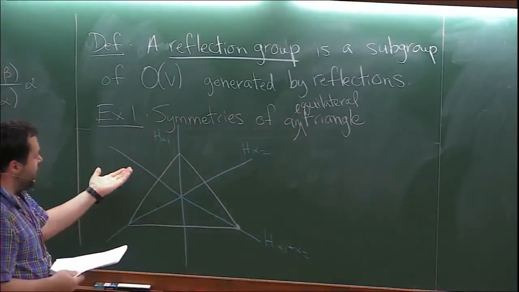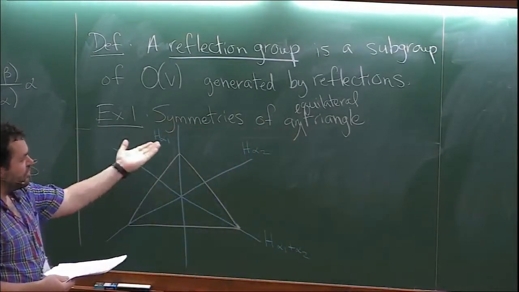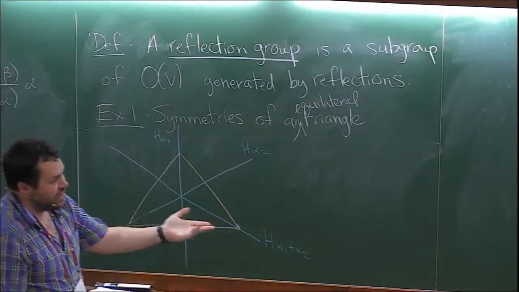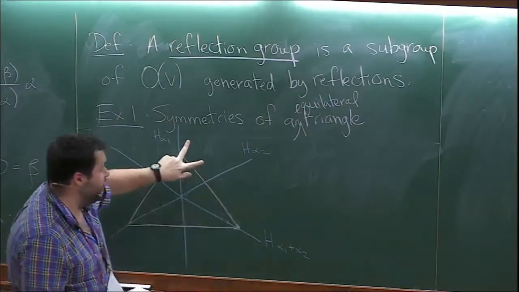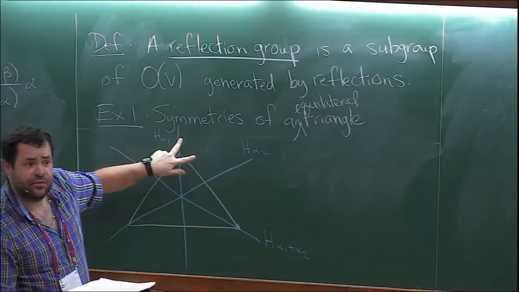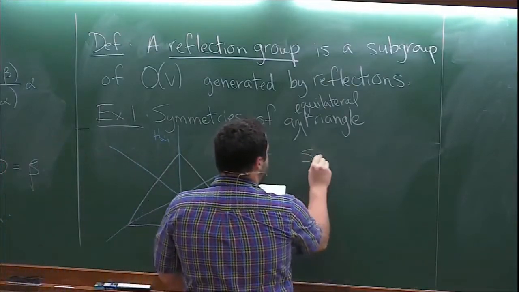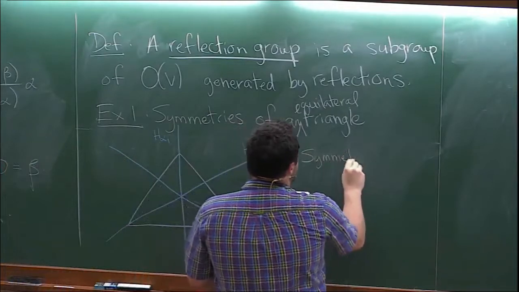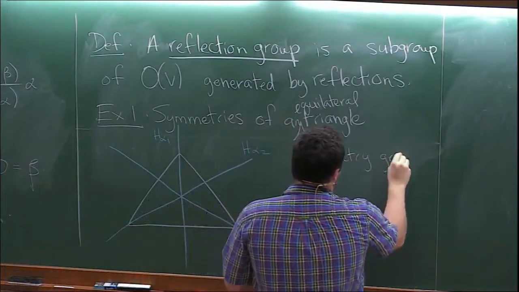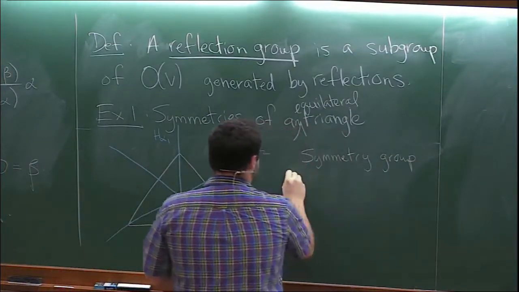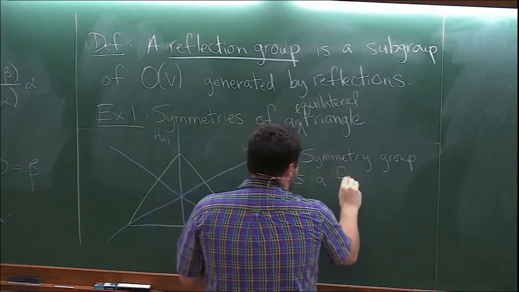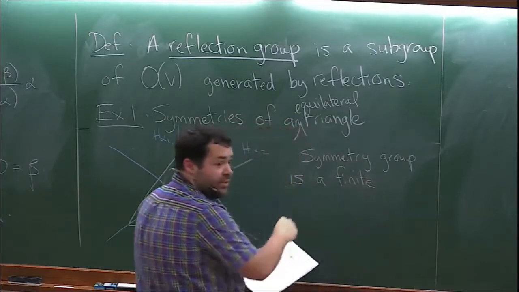So great. The collection of all symmetries of this is exactly one of these reflection groups, because it's generated by these 2 reflections. So here, the symmetry group is a finite reflection group, meaning it just has a finite number of elements. It's a finite group.